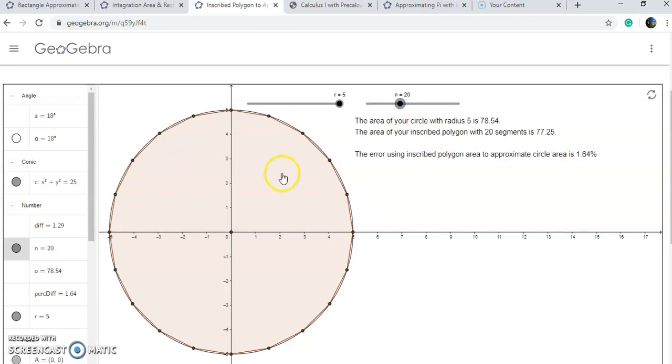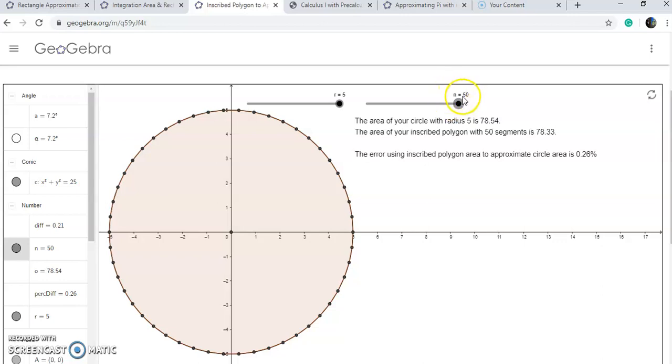20. Now, see, basically the shape looks very similar to a circle, but it's not a circle. The area of this polygon is 77.25. It's very close to 78.54, and the margin of error is 6.64. If we go increasing and increasing, it's obvious that we are approaching, the idea is that the limit is approaching infinity.